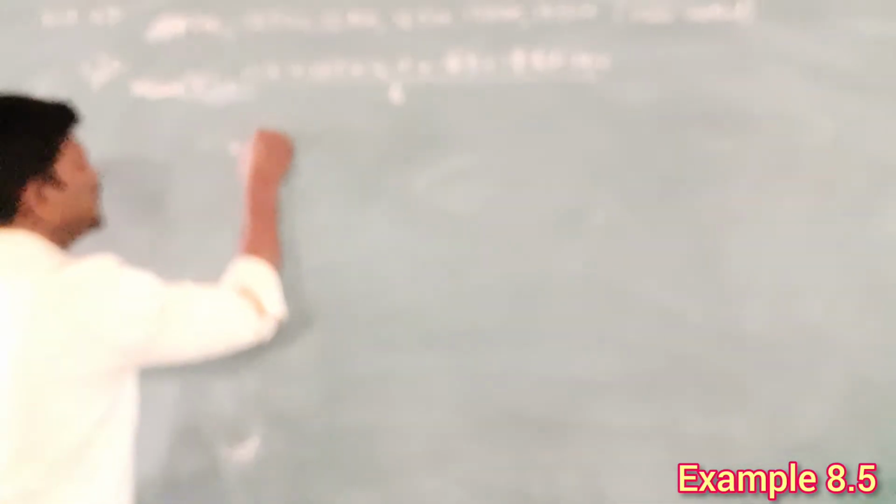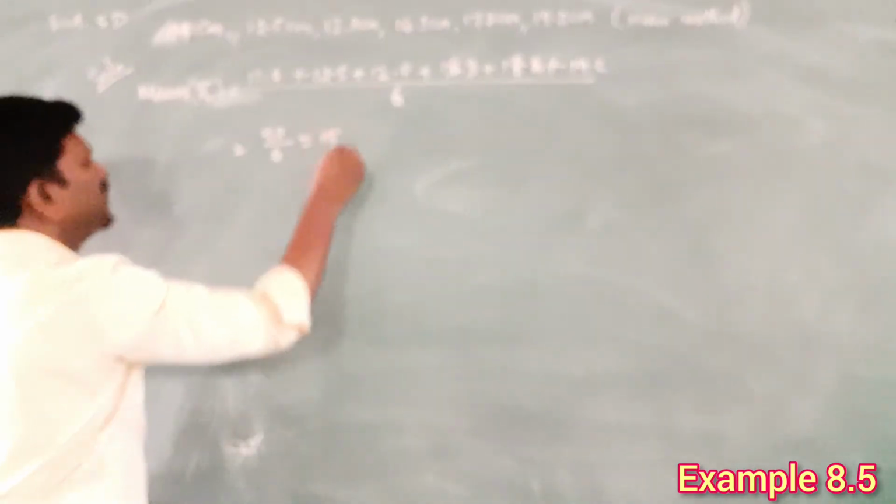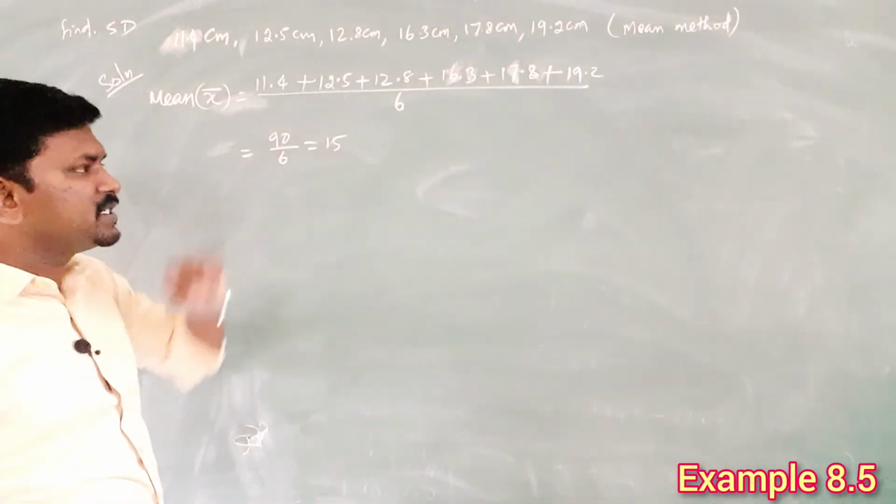It is 90 by 6, equal to 15. So the mean x bar is equal to 15.